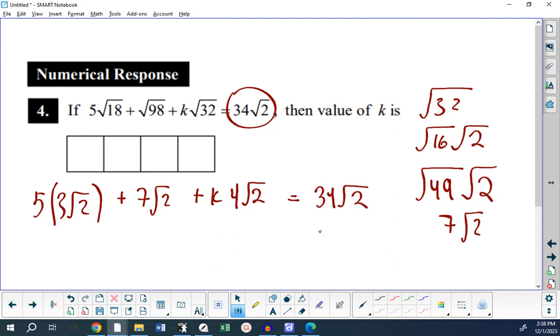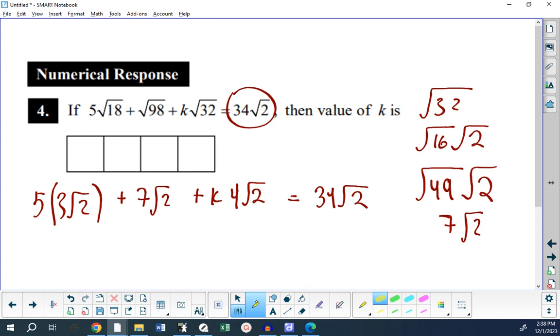And what this means is that I'm going to take a risk with my highlighter. What it means is that all of these coefficients on the left have to add up to give 7. So 15, that 5 times the 3 is 15, plus this coefficient of 7, plus this coefficient of 4k has to be equal to 34.